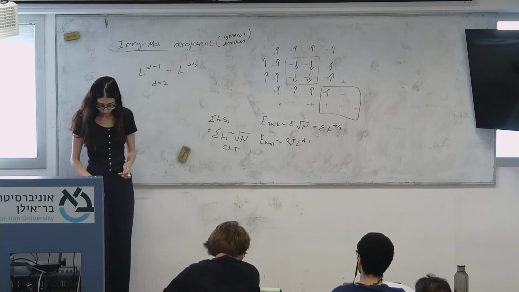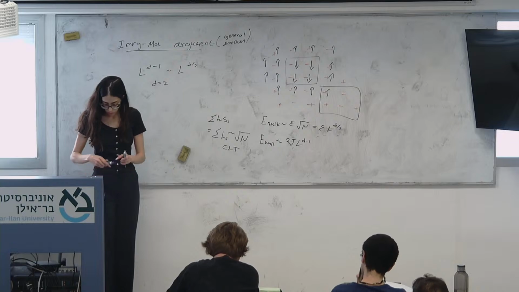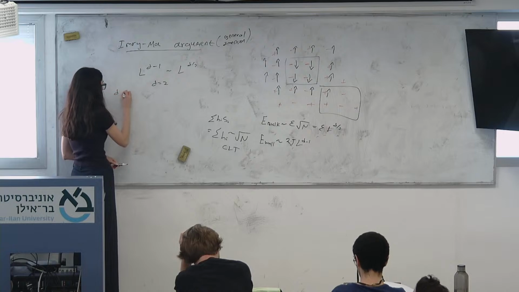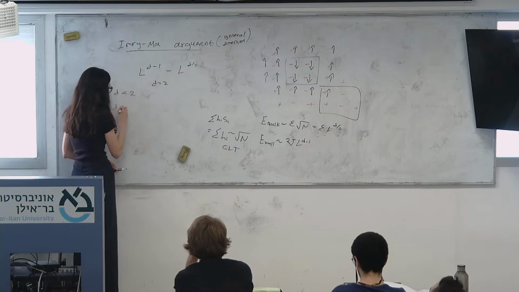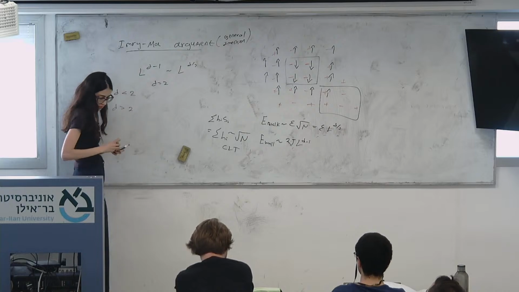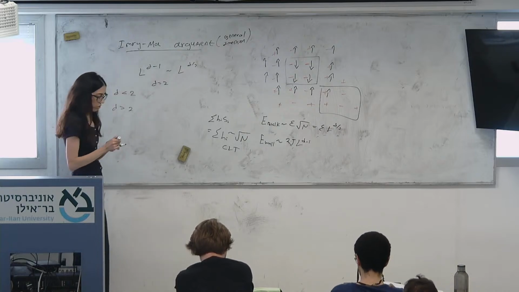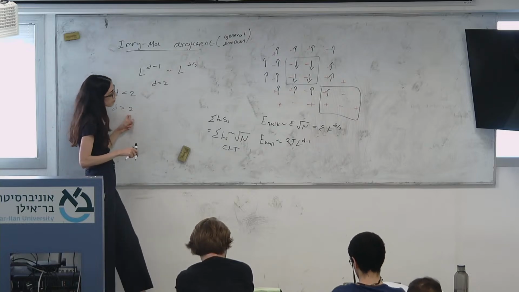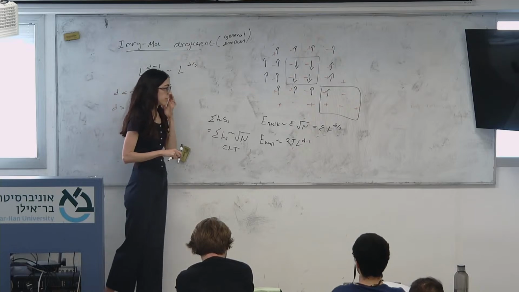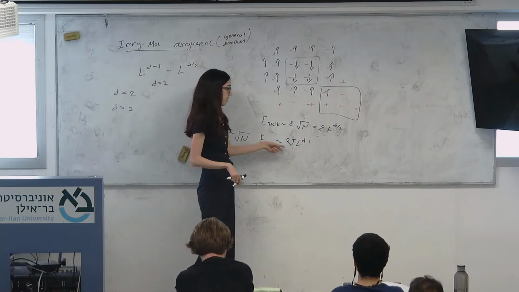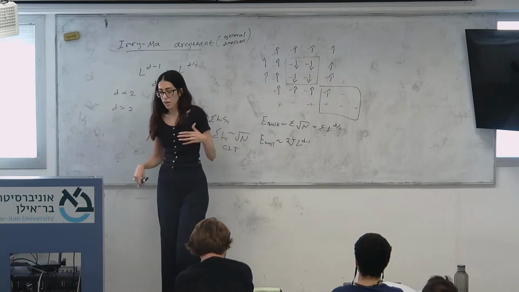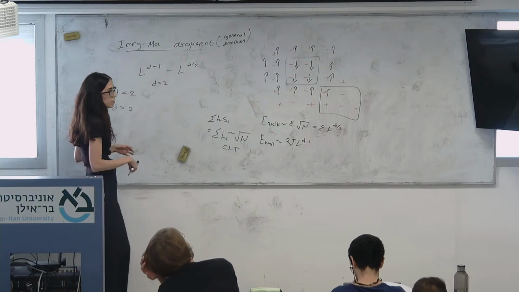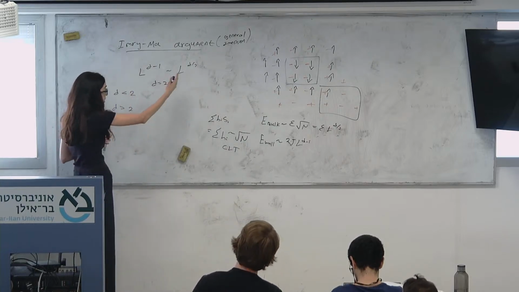It's kind of similar to what we did with the long-range interaction. We have two cases here: d smaller than 2 and d larger than 2. If d is larger than 2, it means that the energy from the domain wall overcomes the energy from the bulk, so we're still going to have a phase transition, even though we have this magnetic field.